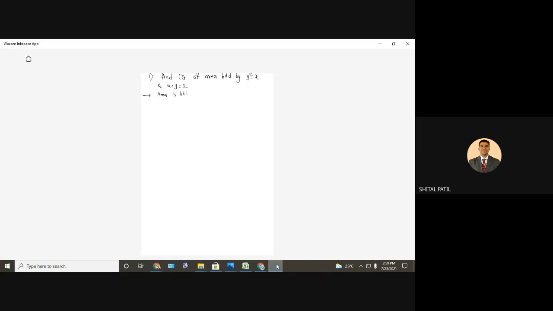The area is bounded by the parabola y square equal to x and a straight line. So we have to find the point of intersection.